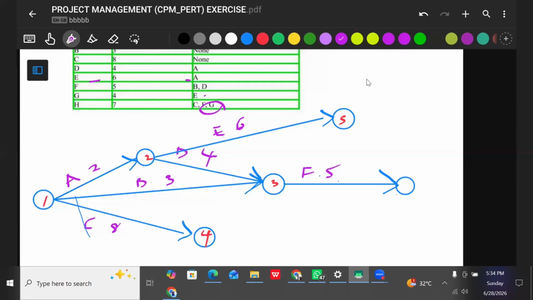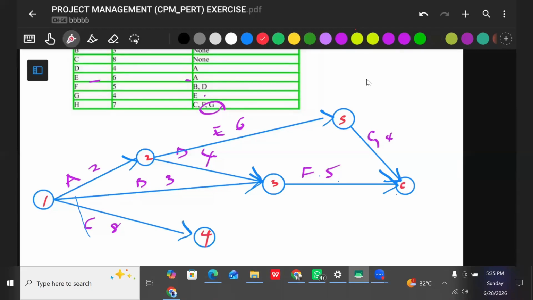F. So you draw activity G down this way to meet with F here. Then you close with your arrow. This is your G, and G we say is 4 months. We can as well give this note 6.